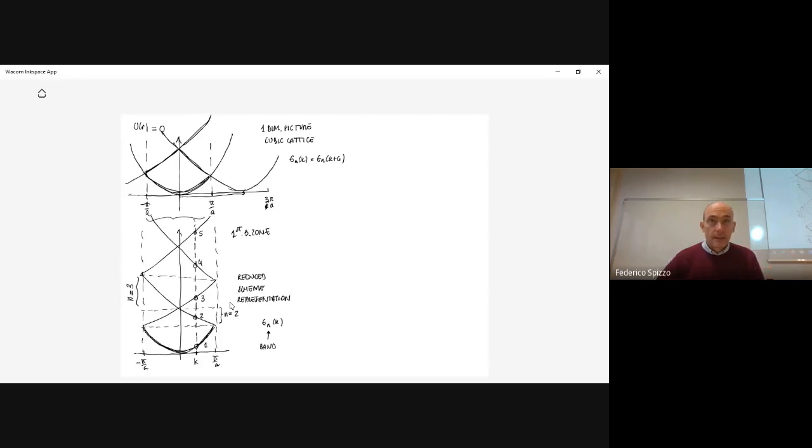Depending on the number of electrons that you have in the system, maybe you may host those electrons just in one band, or you may need 2 bands, 3 bands, depending again on the number of electrons that you have in the system.